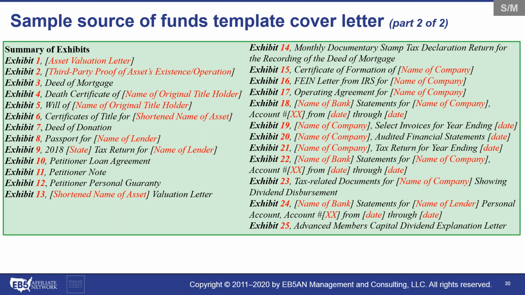Basically, the most important thing to realize is there's going to be a lot of exhibits, and a lot of them are going to be bank statements and records and official documents, tax records. So it's not going to be something you can just pull together in a few days.